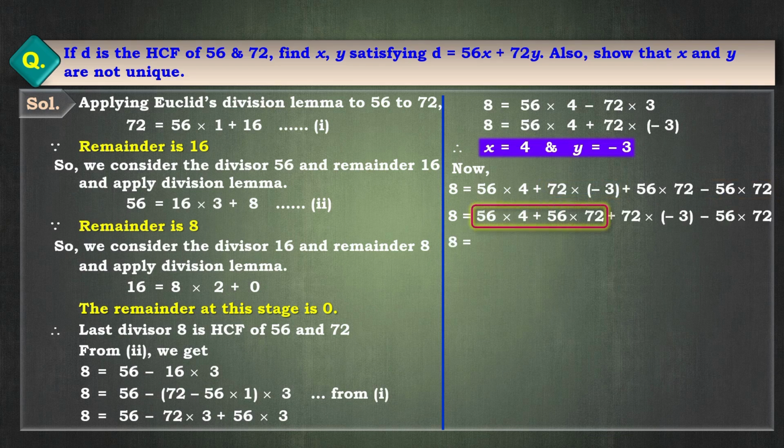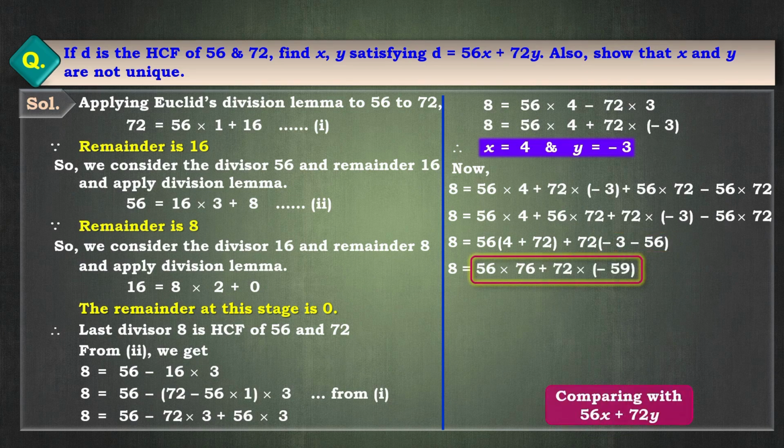Now if we take 56 common, we get 4 plus 72, and if we take 72 common, then minus 3 minus 56. So 56 into 76 plus 72 into minus 59. Now if we compare this with 56x plus 72y, we get x equal to 76 and y equal to minus 59.